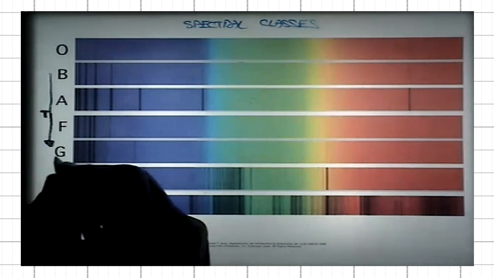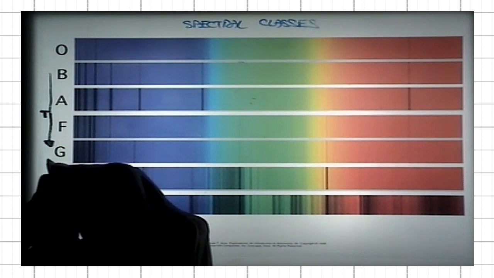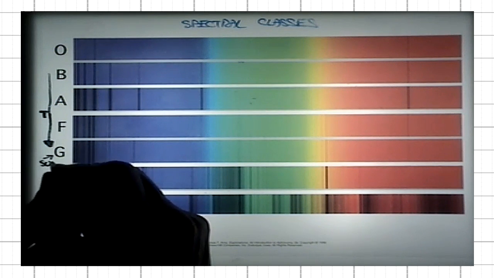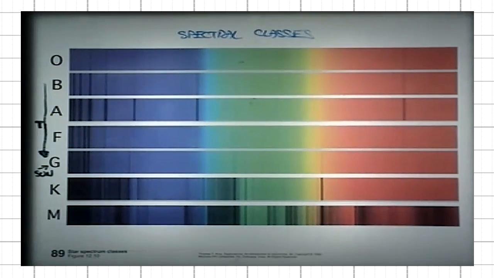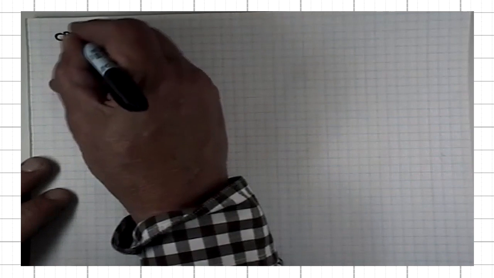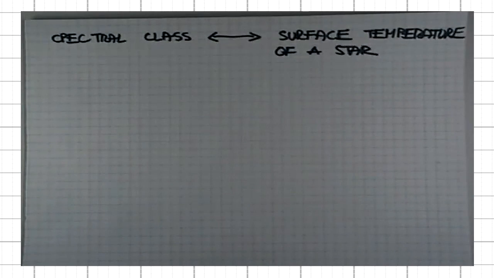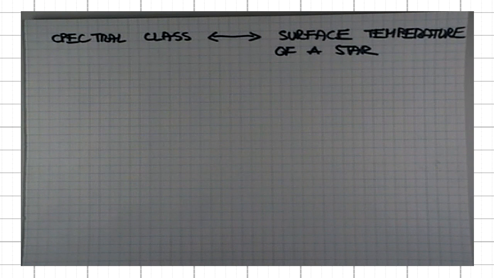So the Sun is in spectral class G. Okay? So the Sun belongs to this spectral class G. In astronomy, the surface temperature and the spectral class are used as synonymous things. They mean one and the same thing.